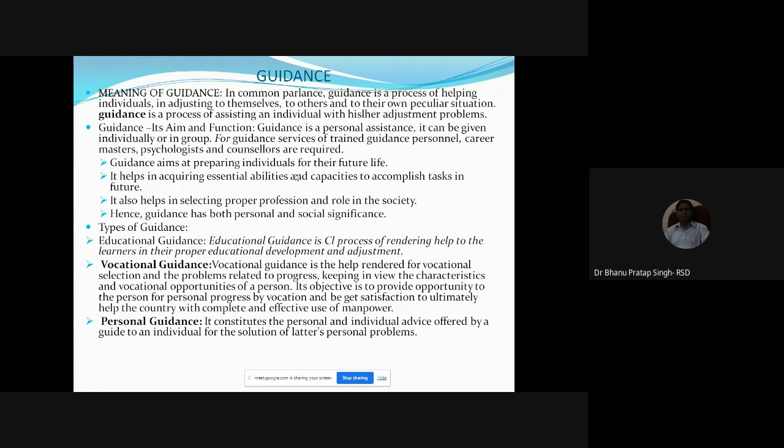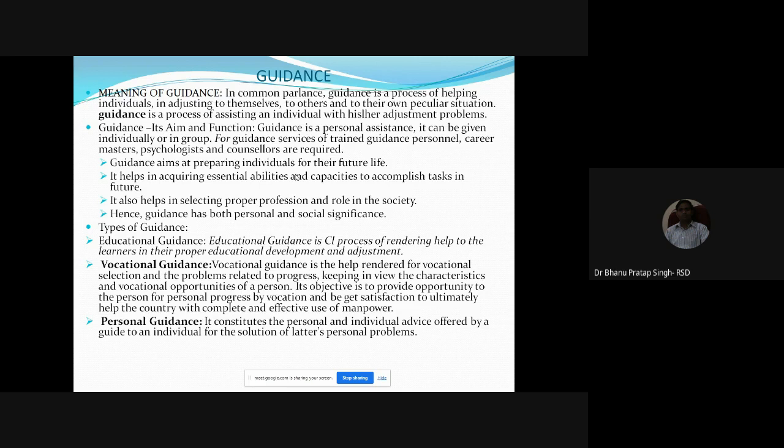Guidance aims at preparing the individual for future life. It helps in acquiring essential abilities and capabilities to accomplish tasks in the future. It also helps in selecting a proper profession and what may be the role of the child in society. So guidance has both personal as well as social significance.